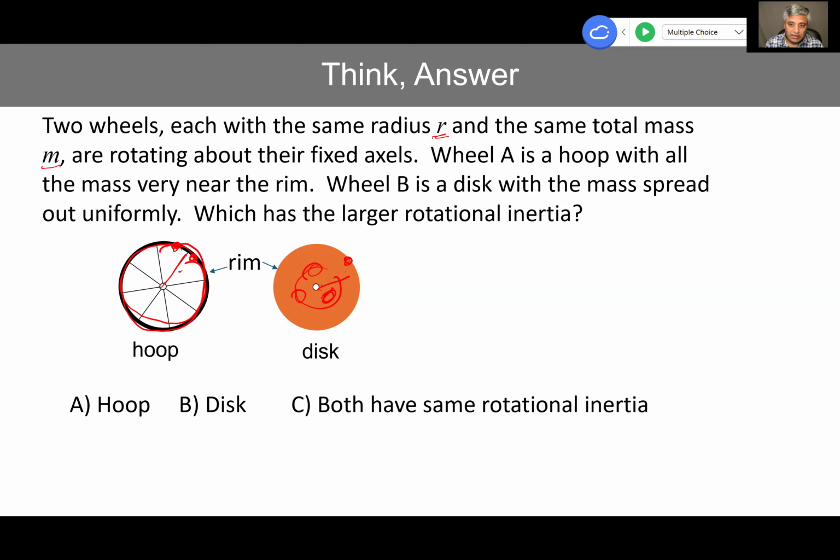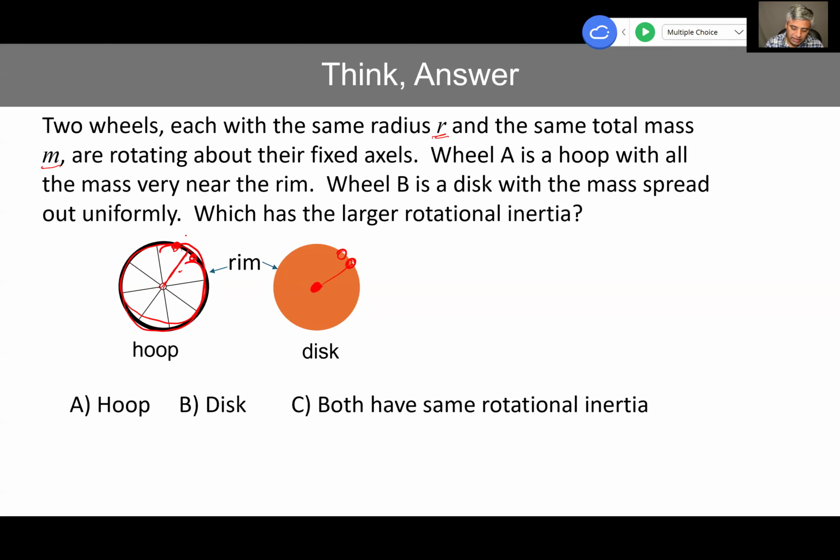But over here, the mass is distributed all over the place, including near this axis of rotation. So rotational inertia for the mass very close to this is going to be very small, and the mass that is very far here is going to be the large one. But for all of these, rotational inertia is going to be for this chunk of mass, this chunk of mass, this chunk of mass.